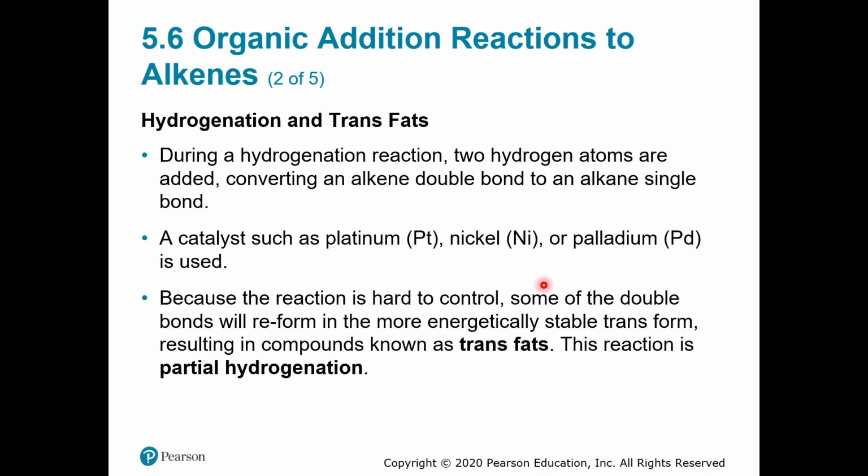Now, because this is pretty hard to control and it can be a reversible reaction, you can go backwards. And remember how when you go backwards, we could do a cis double bond and we could have a trans double bond, right? So in nature, double bonds are essentially always cis. It is very hard to find trans double bonds in nature. Okay? But when we do hydrogenation of these oils, they can go backwards.